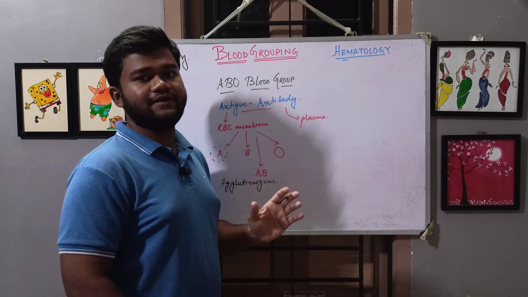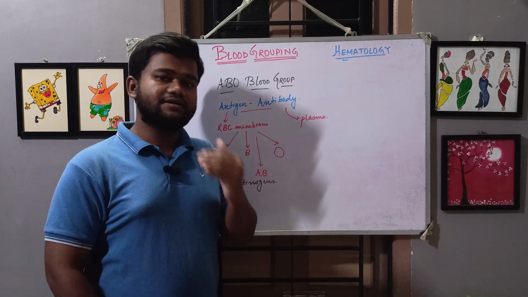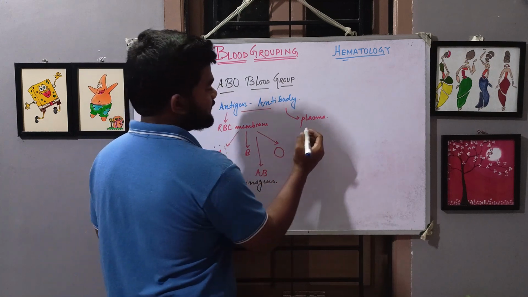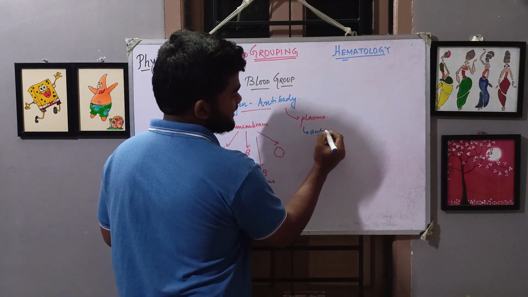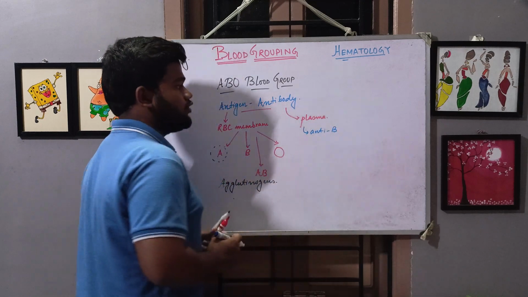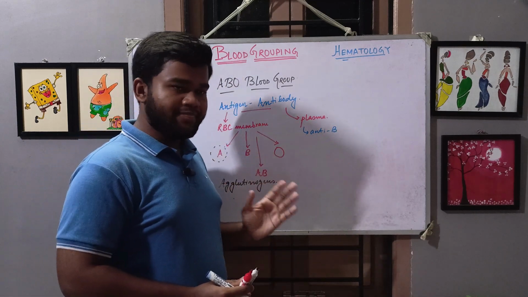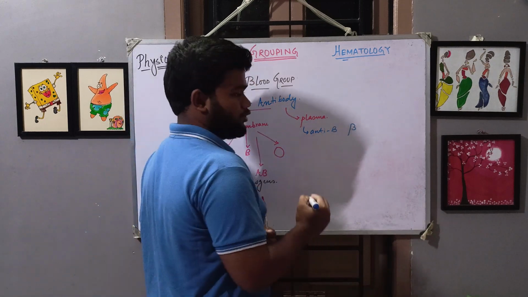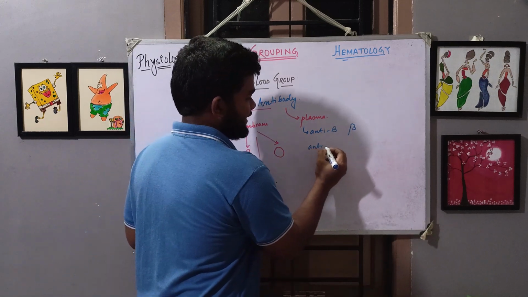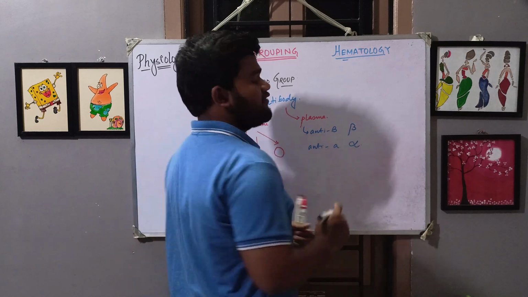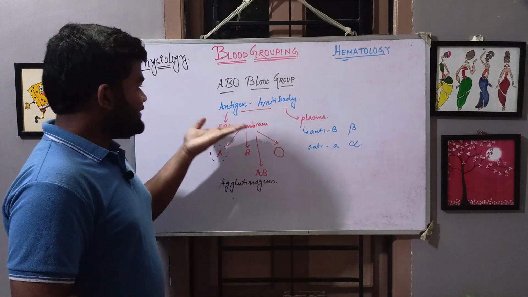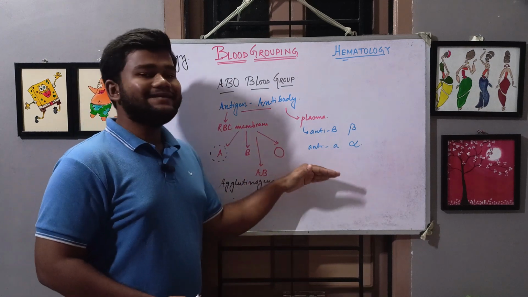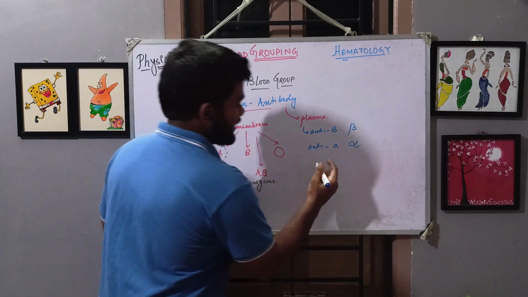Consider a person having the antigen A, that is, blood group A: he or she will have the anti-B antibody and not the anti-A antibody. The anti-B antibody is also known as the beta antibody, whereas the anti-A antibody is known as the alpha antibody. As the antigens are known as agglutinogens, similarly, the antibodies are known as agglutinins.